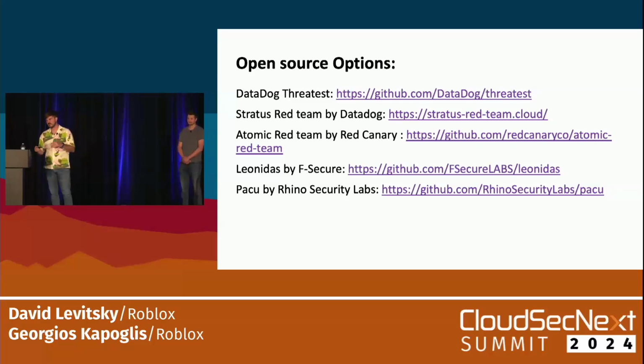So if you want to start doing validation manually, you can start from there and then either utilize an open source option or, like we did, build your own in-house solution, which I believe you can do with very, very low effort. What we use is Python, Terraform, and the AWS services. And that's it.